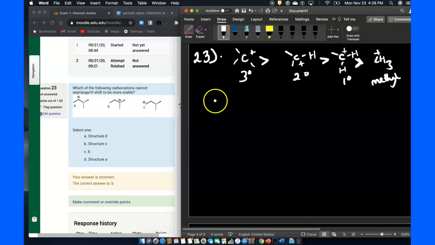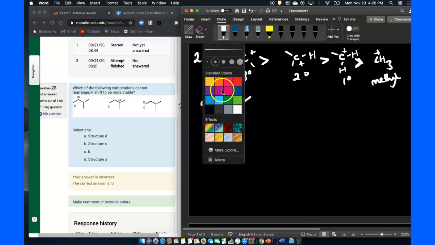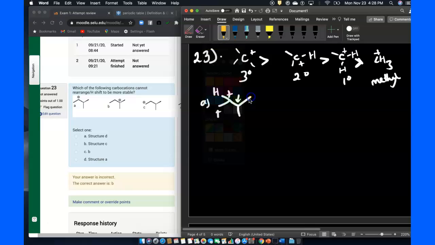So for example here, A is a secondary. I see a carbon here, I see a carbon here, but I also have hydrogens that are not shown. So let me use this color for this hydrogen.